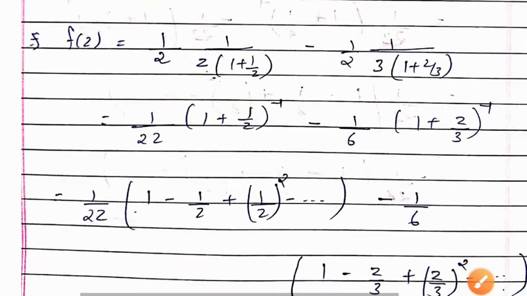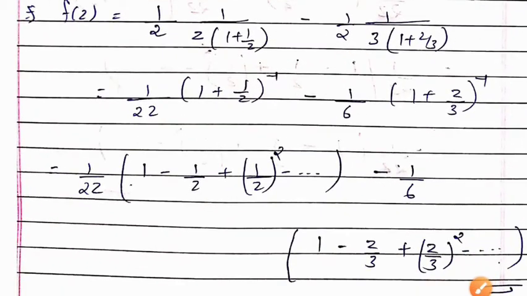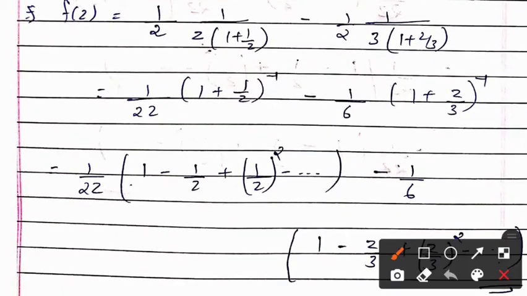Our next procedure is to take these to the numerator portion, which becomes 1 upon 2z, and 2 into 3 is 6, giving 1 upon 6, and both become inverses.